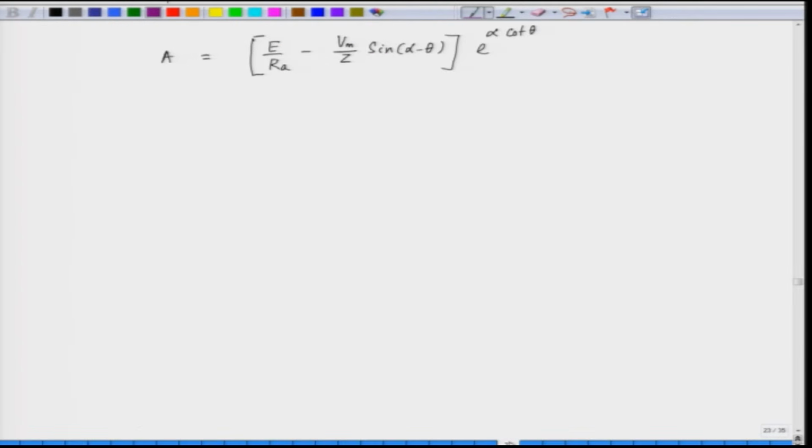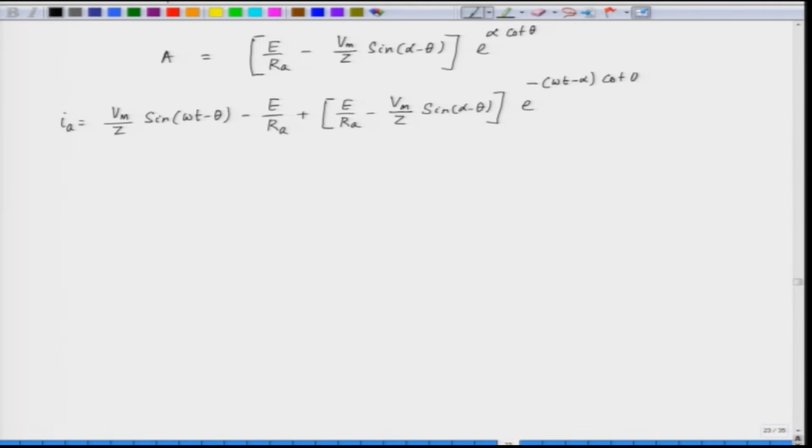From this equation we get the value of the constant A. Now, we go back and substitute this value in equation number 1. So, what is IA? IA is Vm by Z sin(omega t minus theta) minus E by RA plus A, where A is E by RA minus Vm by Z sin(alpha minus theta), times exponential of minus (omega t minus alpha) cot theta.